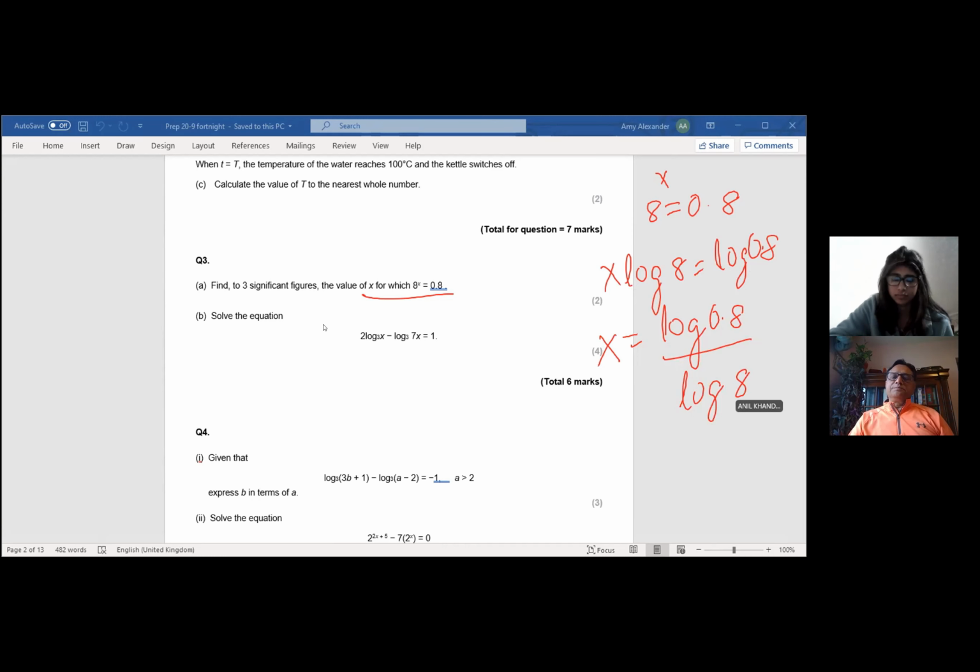So I can do this. x is minus 0.107 to 3 significant figures.